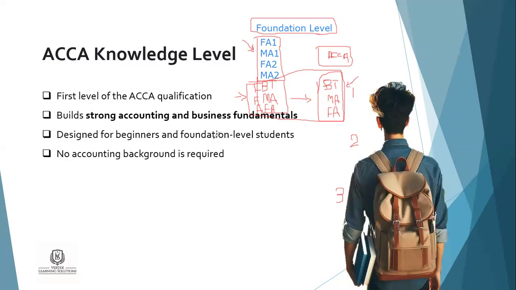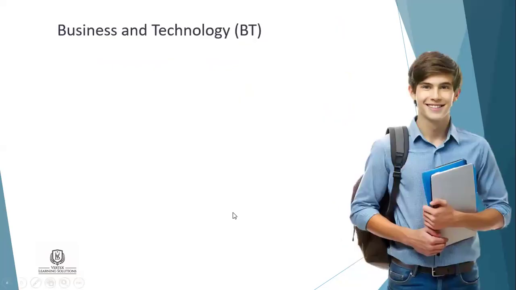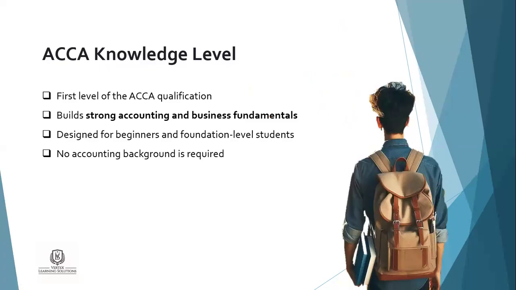It is designed for beginners, because they have done their O levels, A levels, or graduation. But some students coming from the foundation route can also study this. So this is the ACCA knowledge level.